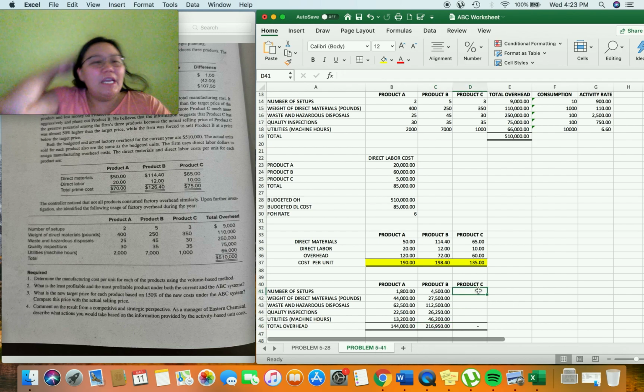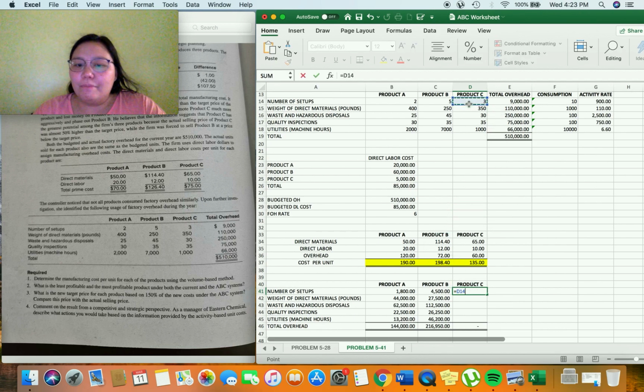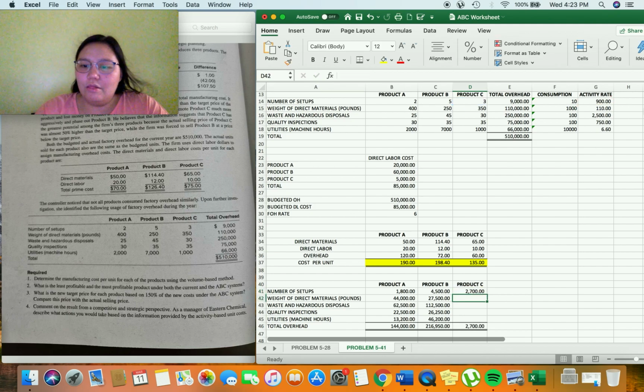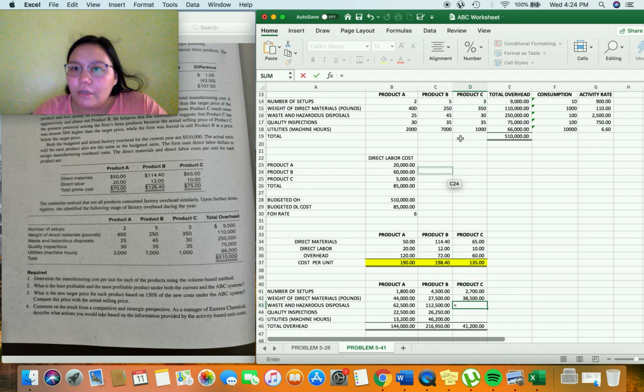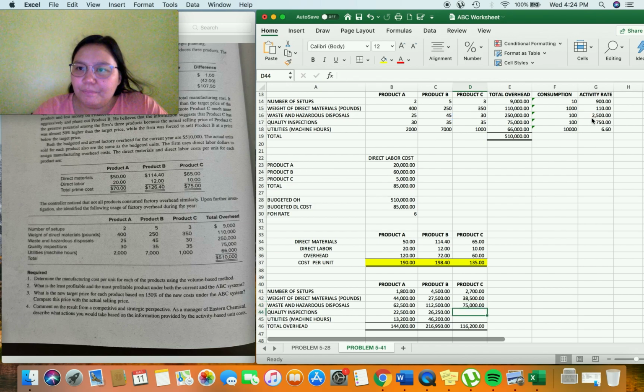Now, for product C, again, repeat the same process. Medyo naman siya procedural and repetitive talaga. So, as long as you know the concept and how to do it, I think you won't have such a hard time solving activity-based costing problems. So, we have, going back, 3 times 900, 27. 350 times 110 will get 38,500. 30 multiplied by 2,500.